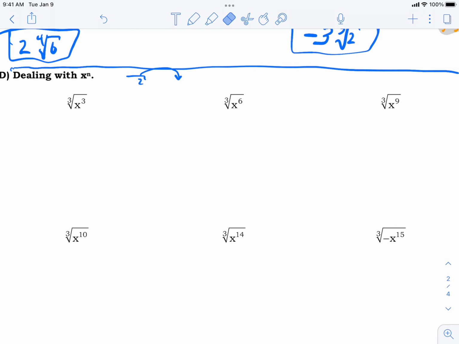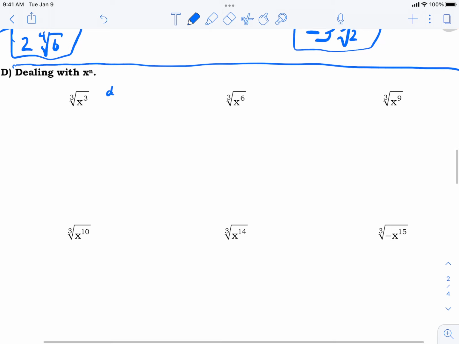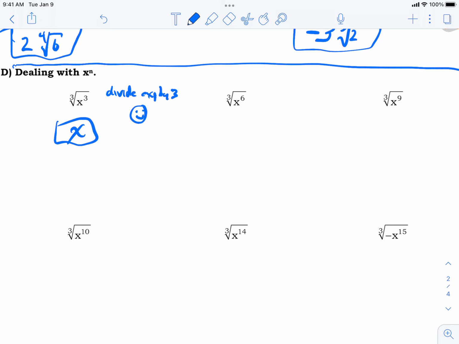Well, guess what? When you're doing cube roots, you're basically just dividing the exponent by 3. Divide the exponent by 3. Let's even write that down. Divide the exponent by 3. Smiley face. And so this is just x. And to prove it, the question here is what times itself again gives me x cubed.